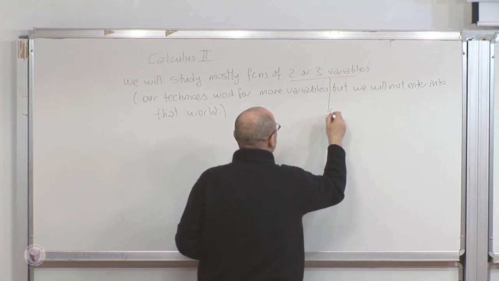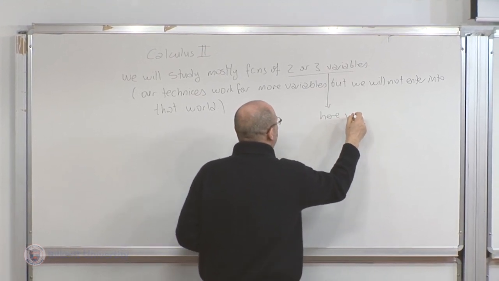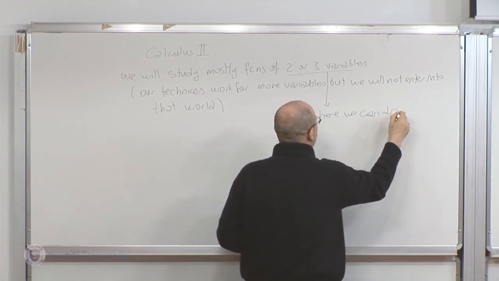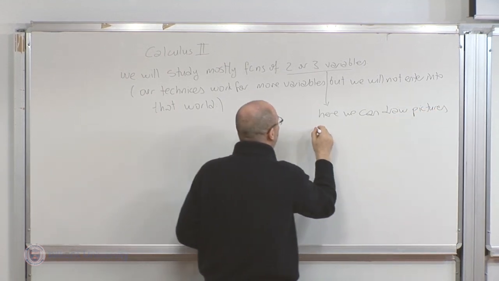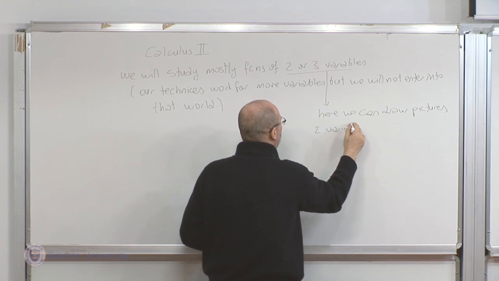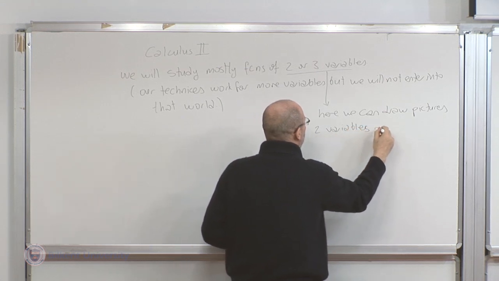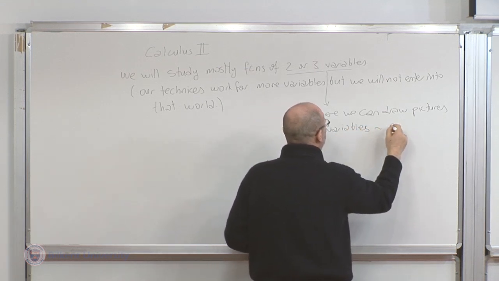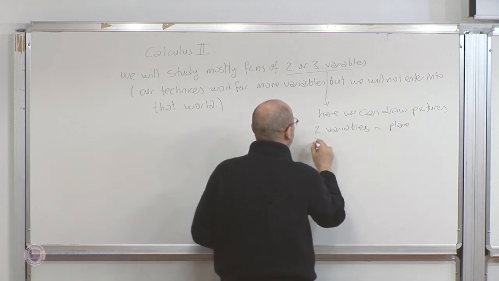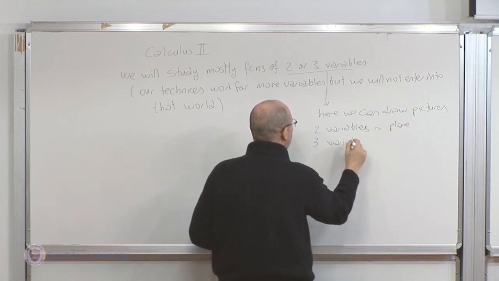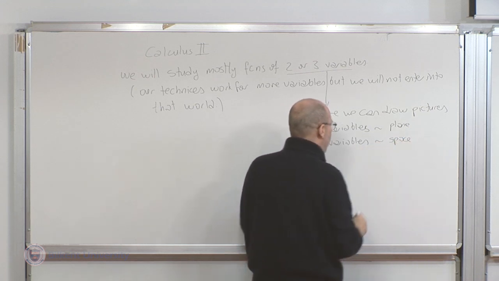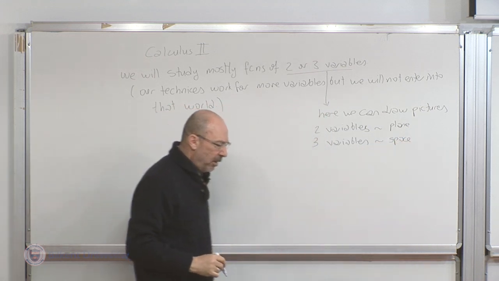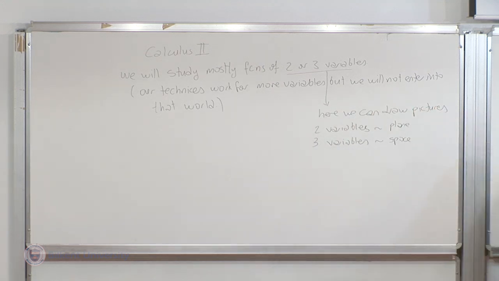So here we can draw pictures. 2 variables: this is generally the plane. And 3 variables: this is generally space, 3-space.